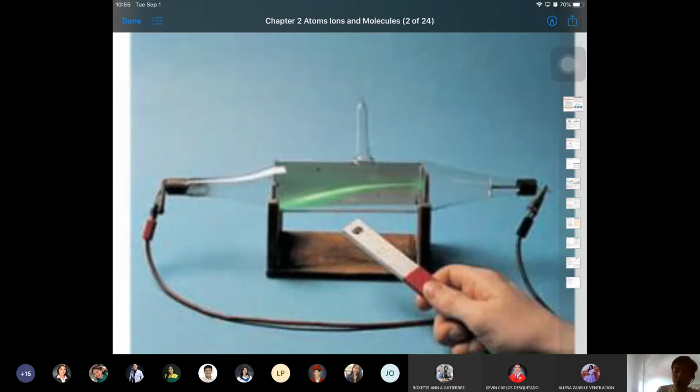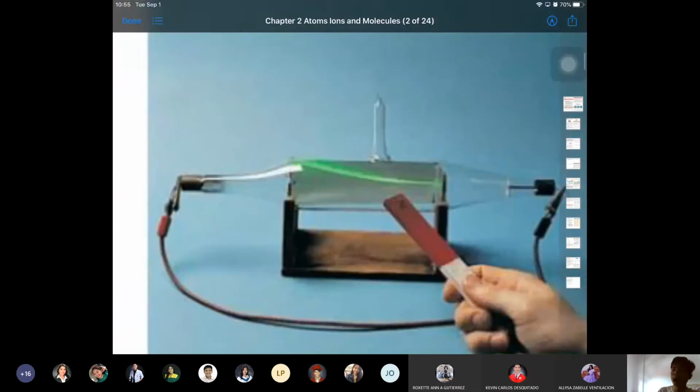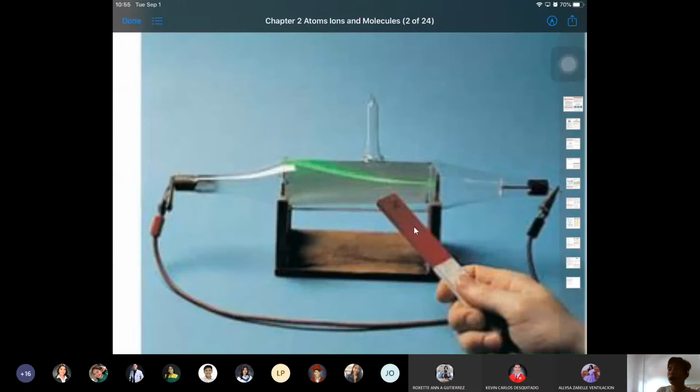But again, to test that, we should not be satisfied with just one observation. So he used the negative side of the magnet, this red, no? He pointed it at the ray, no? Then what happened is that the ray deflected away from the magnet.